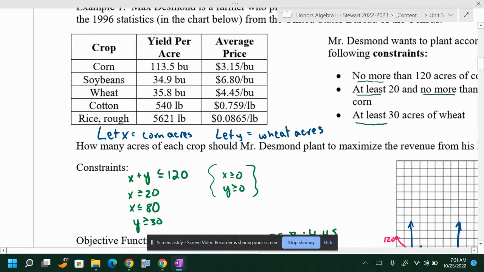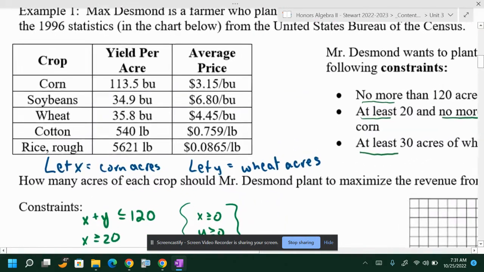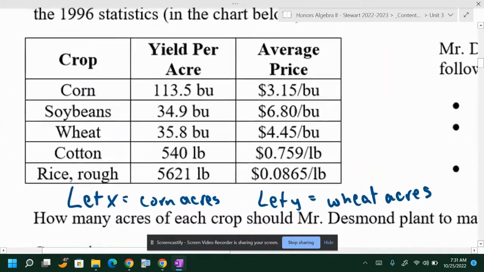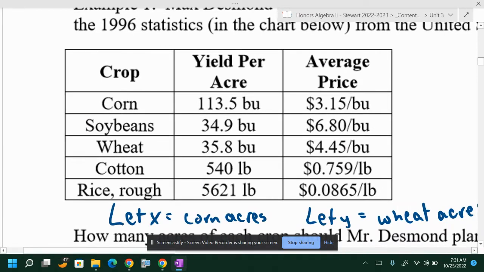Next, I want to look at my objective function. I'm going to create the objective function based on the yield per acre and the average price. This one is a little different from others that you'll see, as I'll explain. Corn is 113.5 bushels per acre and $3.15 per bushel for average price.